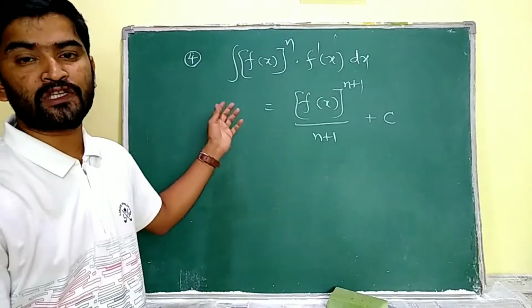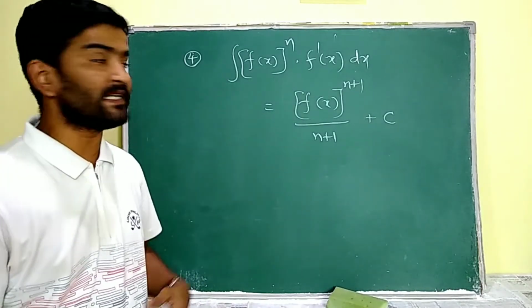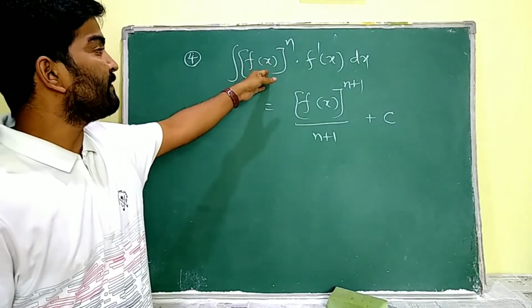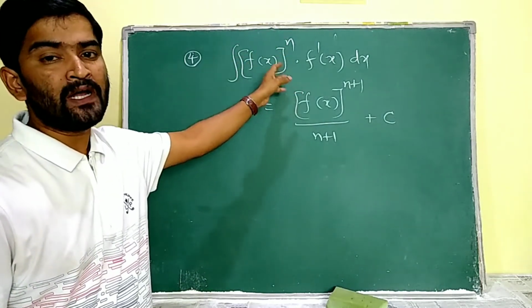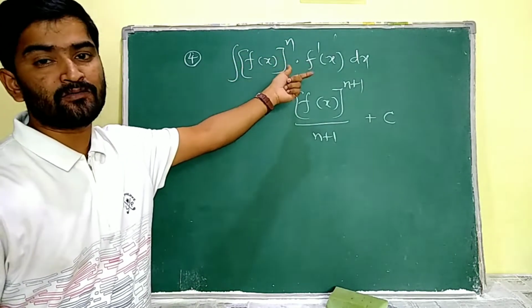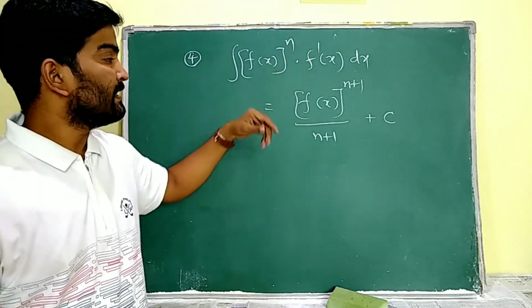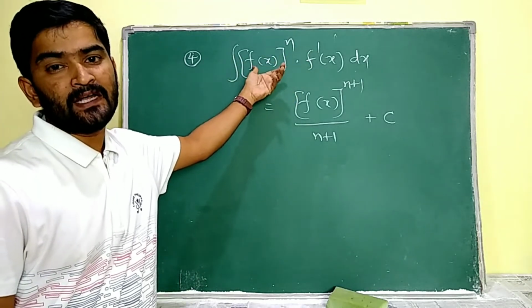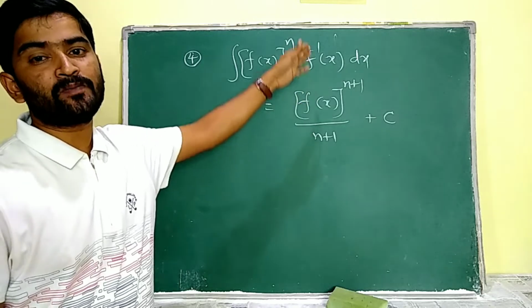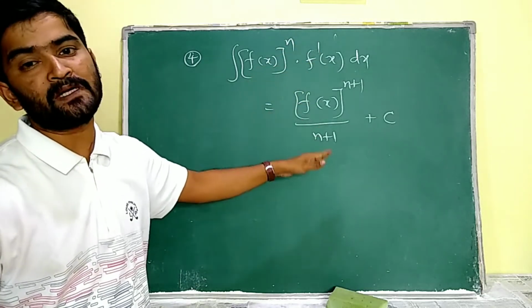Fourth theorem or formula to be remembered is integral f of x whole power of n into the function's derivative, that is f dash of x dx, then that can be evaluated as f of x whole power of n plus 1 by n plus 1 plus c.